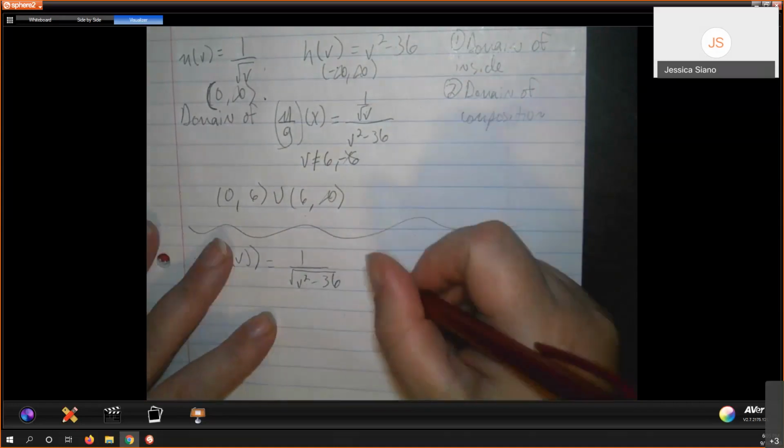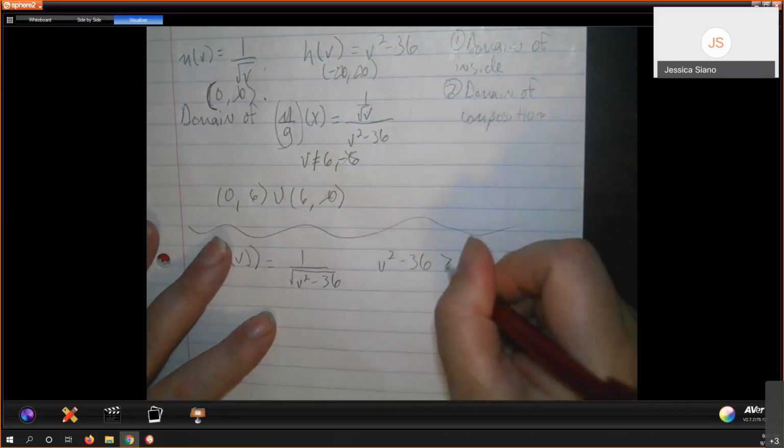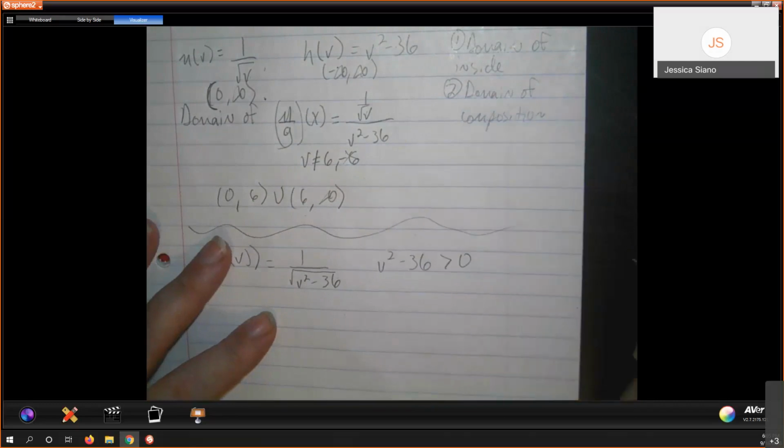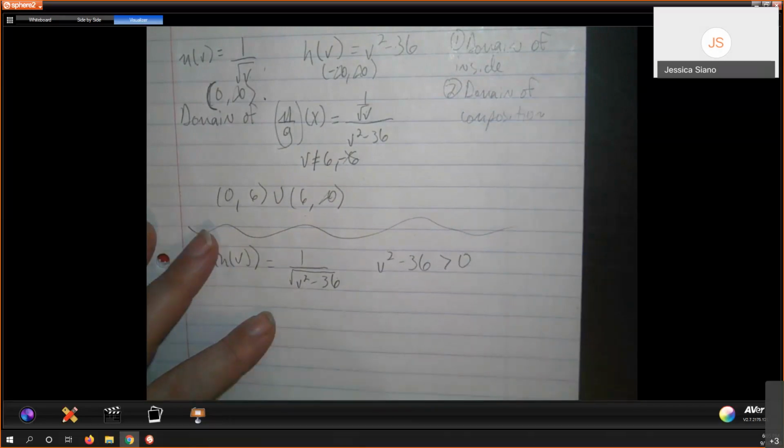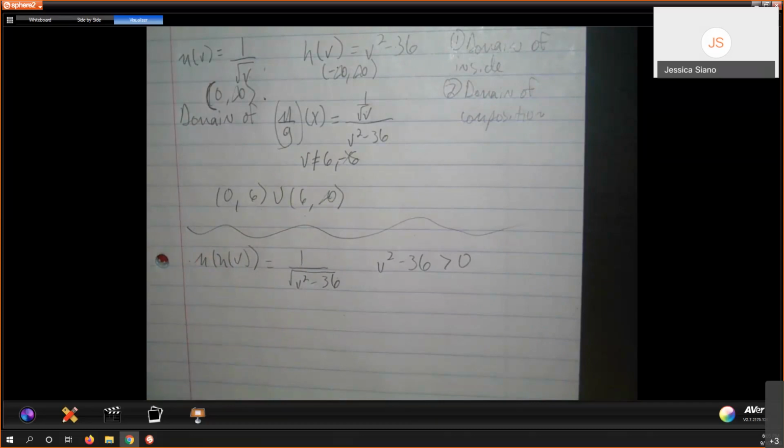So where does v squared minus 36, where is that greater than 0? So these get a little tricky when you're dealing with the quadratics, and I'm honestly surprised it's on here because we're going to do that later on in the semester, these inequalities with quadratics. So for right now, I want you to think about what happens when you plug numbers in here.